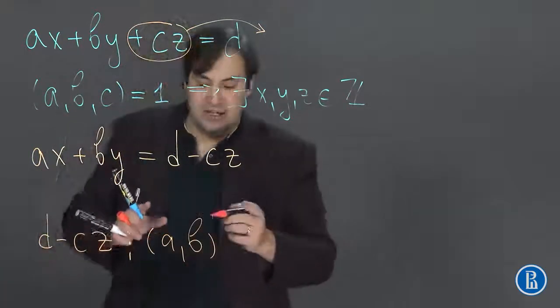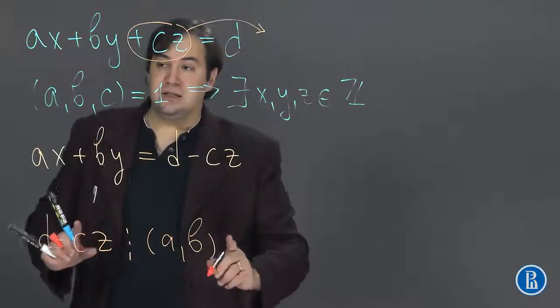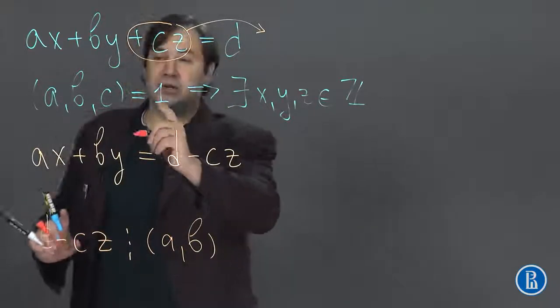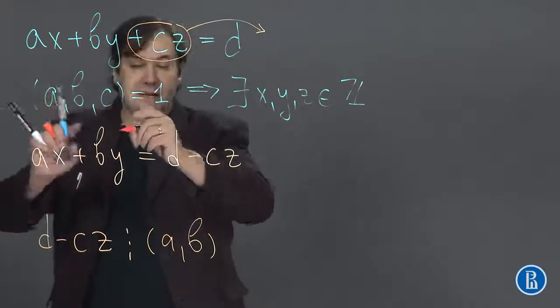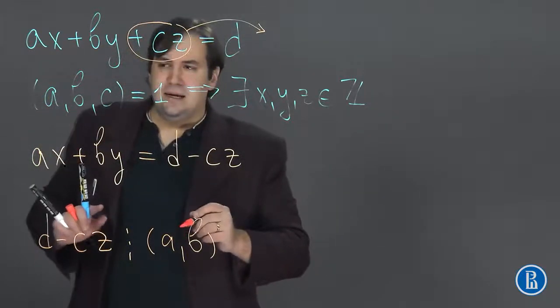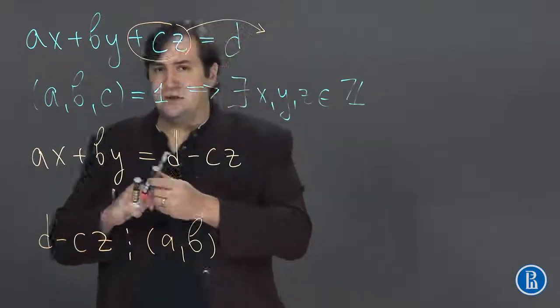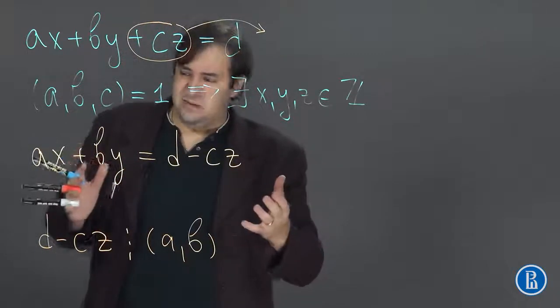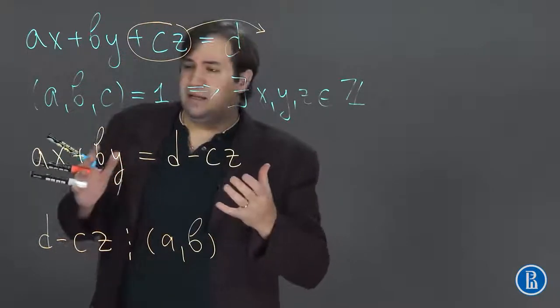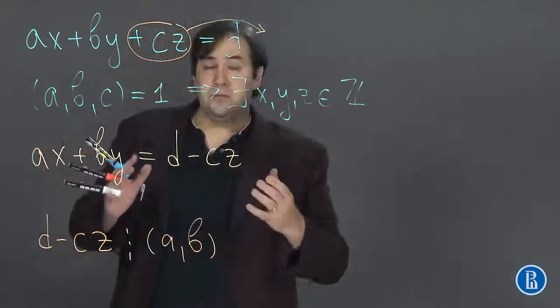And notice that the greatest common divisor of a and b is not necessarily equal to 1, because we only know that the greatest common divisor of all three numbers is equal to 1. One may think, well, if the greatest common divisor of three numbers is equal to 1, then perhaps there should be a pair of these numbers which are mutually prime.